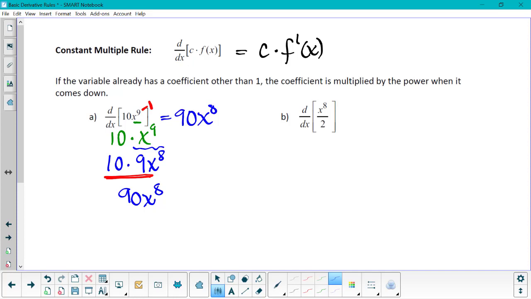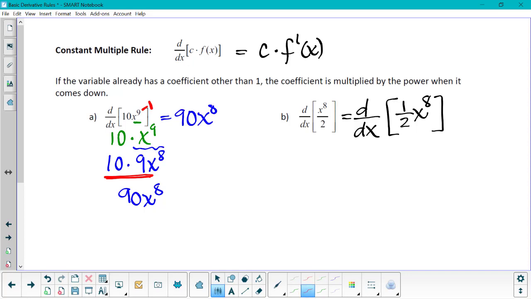Okay, now sometimes the constants are a little tricky. Here, I actually have x to the 8th divided by 2. So this is not a constant multiple. It's not being multiplied by something, it's being divided. So we have to think of what it would be if it was multiplied by something. I can rewrite that. You don't always have to rewrite it as long as you recognize what's happening. That's actually equivalent to 1/2 times x to the 8th.